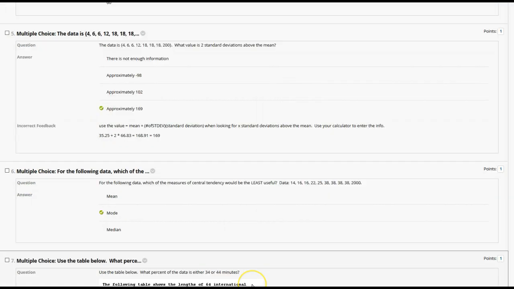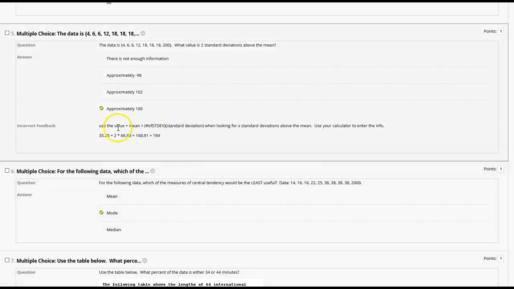14 again. Next, we have question 5, which gives us some data, and it says, what value is 2 standard deviations above the mean? So this equation is also in your textbook. It is in section 2.7, measures of the spread of data.